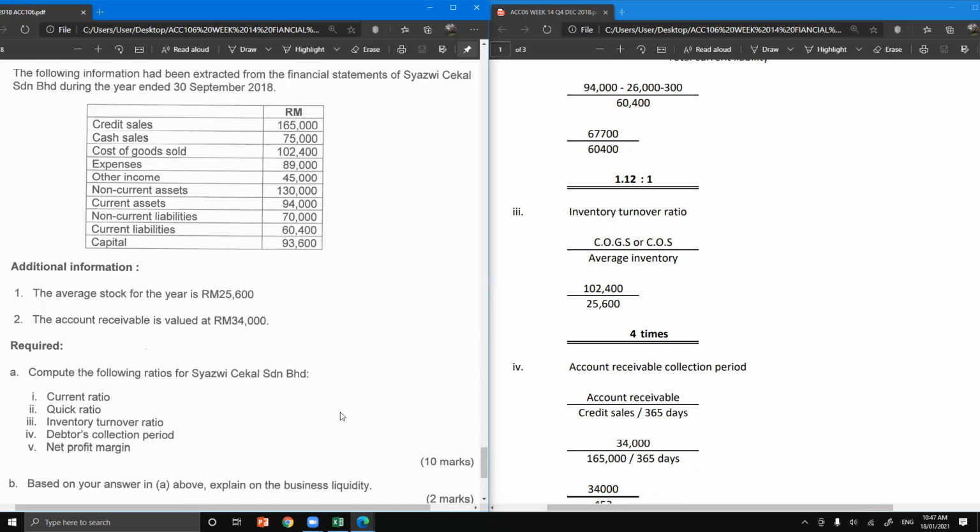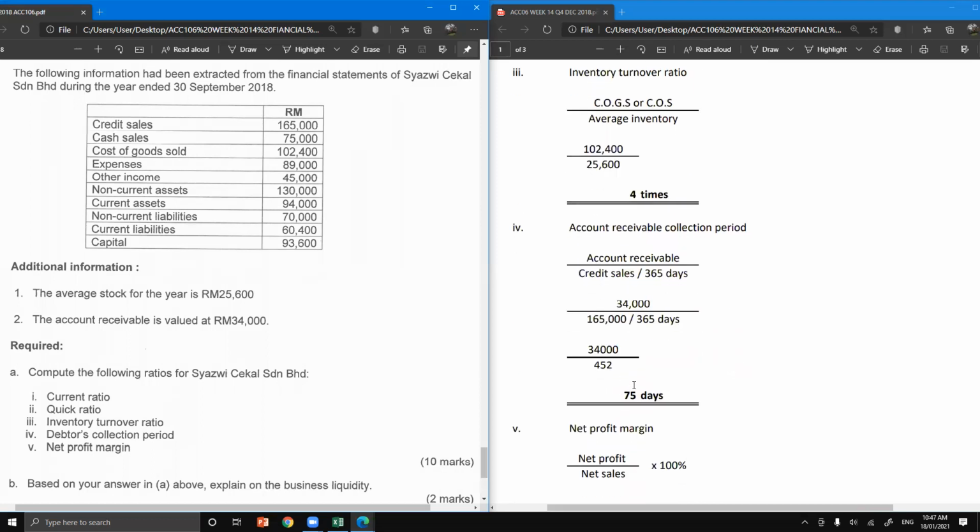Credit sale from the question is equal to 165,000 ringgit. This credit sale needs to be divided by 365 days, which is equivalent to 452. So 34,000 account receivable divided by 452 will give you the answer of 75 days.